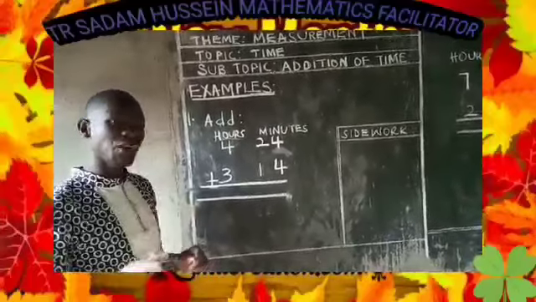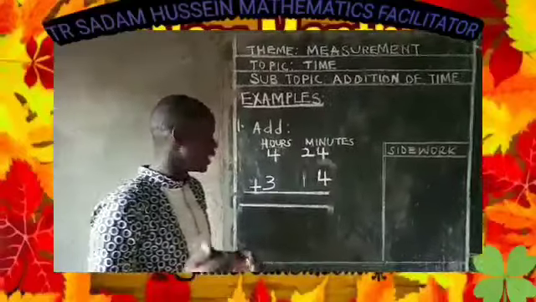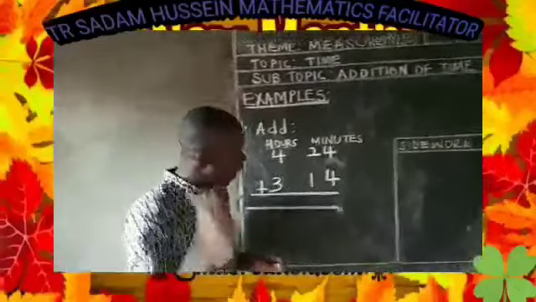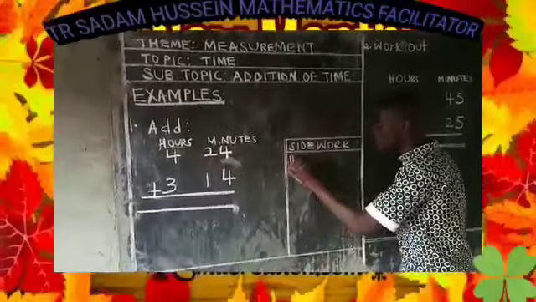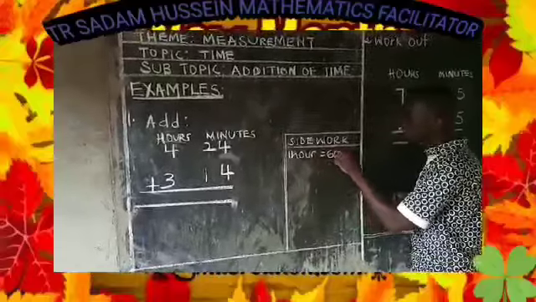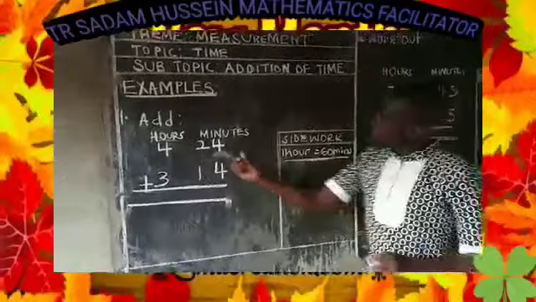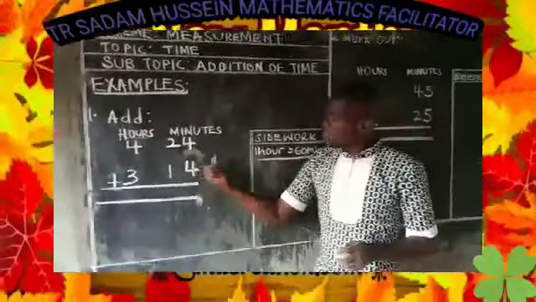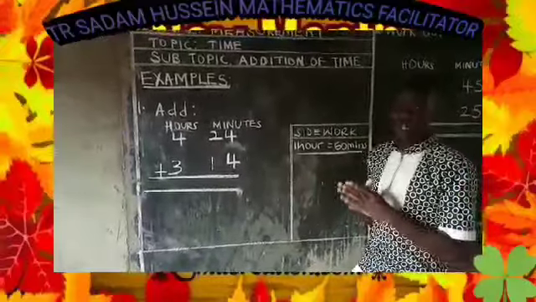Now the concept here, which is very good for you to understand as a P4 child, is that, please let me write it here, we all know that 1 hour is equivalent to 60 minutes. Why have I put this here? When you're adding minutes and you find that your minutes have gone beyond 59, what do we do?